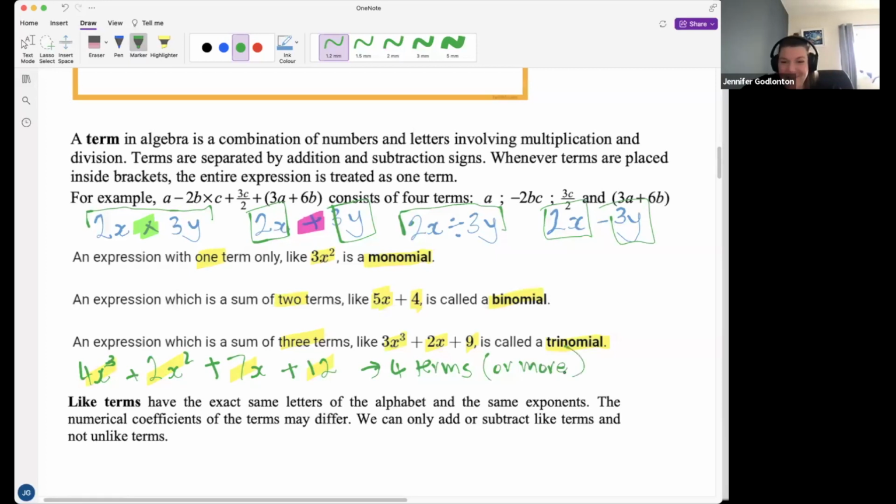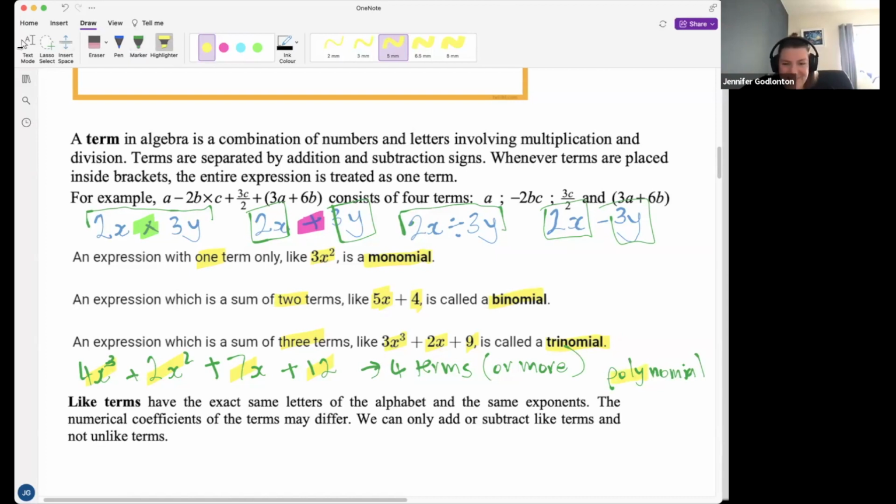No brave souls today? Polynomial! Yes, absolutely. Beautiful. Polynomial. So poly means many. So this is saying I've got many terms.